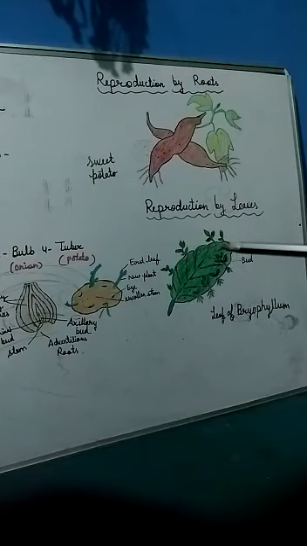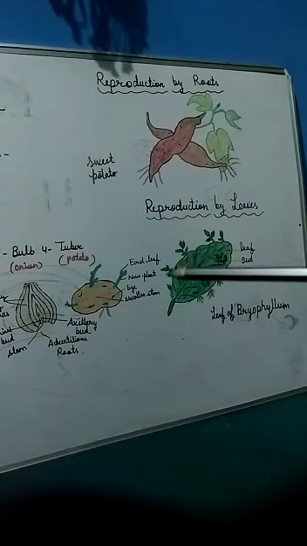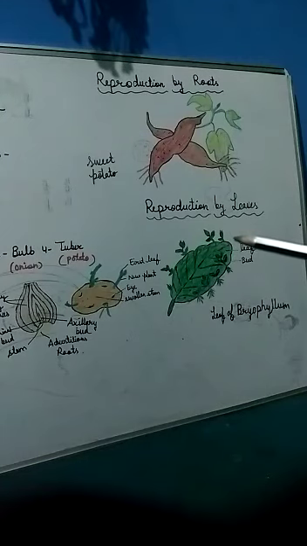These are the small buds which develop in the margin, and when a mature leaf of the bryophyllum plant falls on the ground, each bud can grow into a new plant. Sometimes even before a leaf drops off from the bryophyllum plant, we can see new plantlets already growing on it. Here you can see the small plantlets growing on the margin.